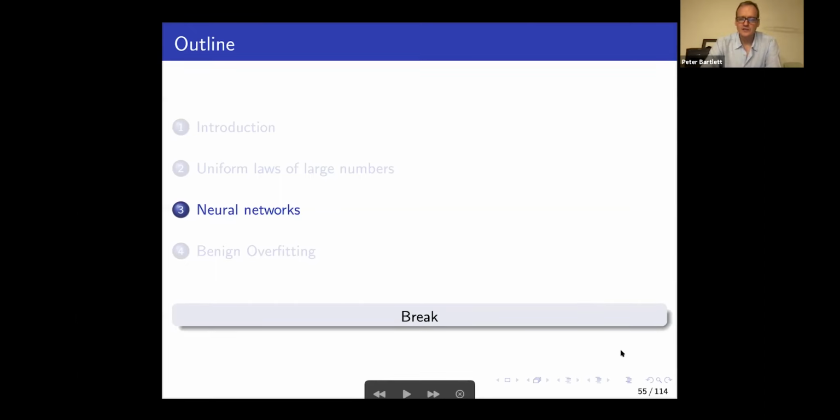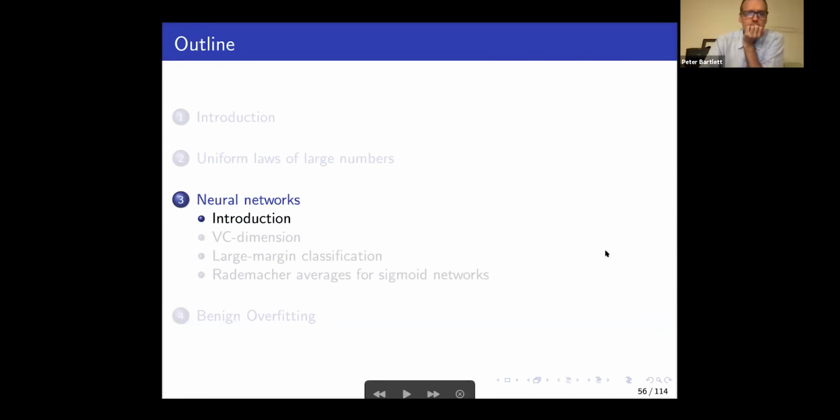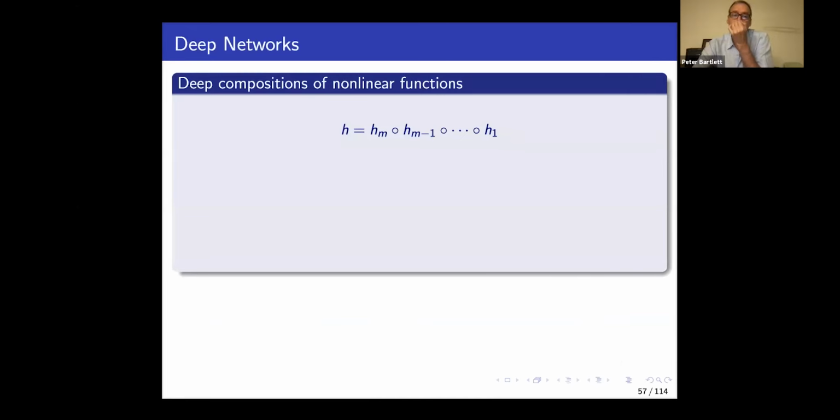All right, so we can go on and look at some of the applications of these results to neural networks of various kinds. Let's take a look at neural nets. Of course, you've all seen the big successes of deep neural networks.